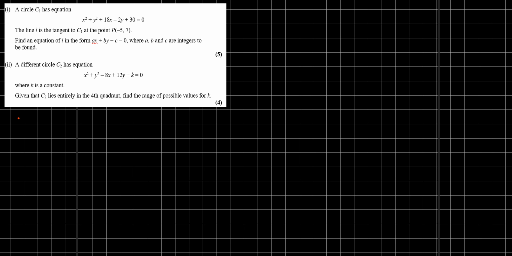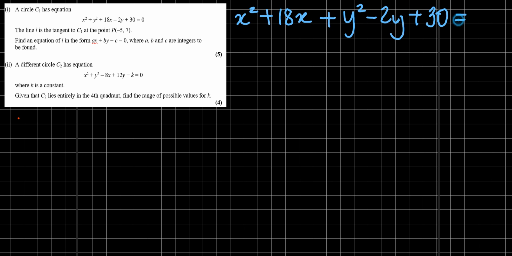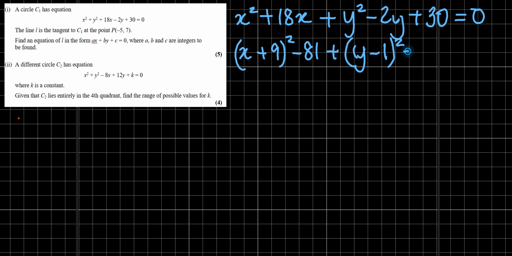So what we're going to do is write the equation of the circle and find the radius and the center. We don't really need the radius, but we do need the center. So using completing the square, we would have (x plus 9) squared minus 81 plus (y minus 1) squared minus 1 plus 30 equals 0.